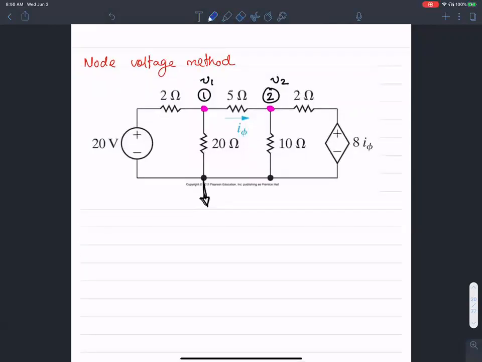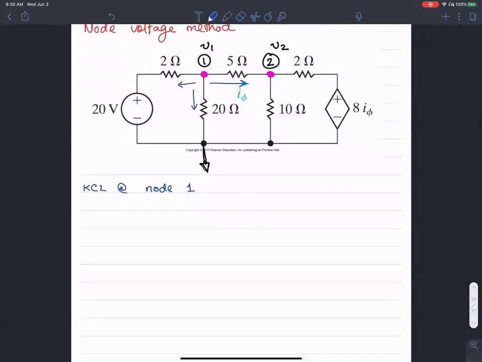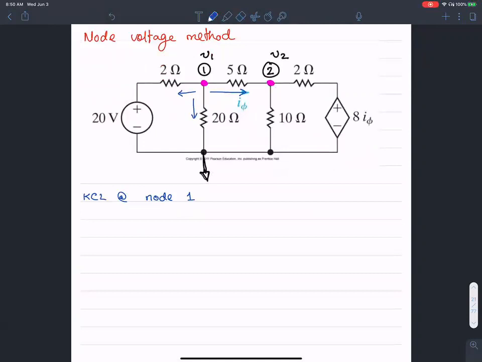The first step is to set up KCL at node 1. When I'm looking at node 1, I look at all the currents leaving the node and sum them to 0. I'll call this I1, call this I2. This is given to be I5. So I1 plus I2 plus I5 is equal to 0.